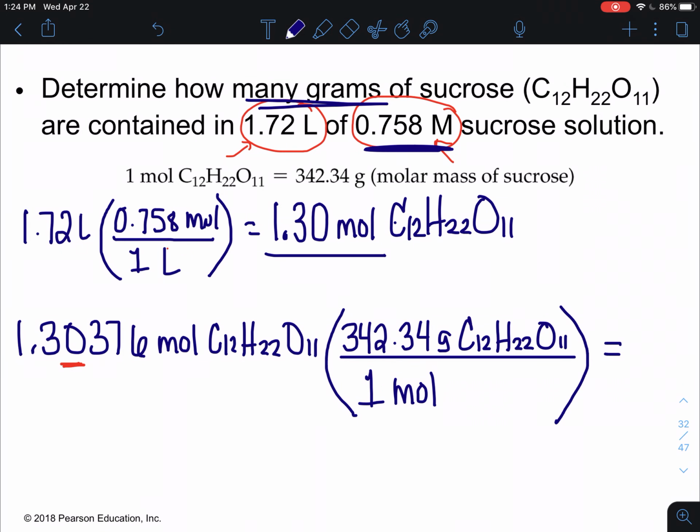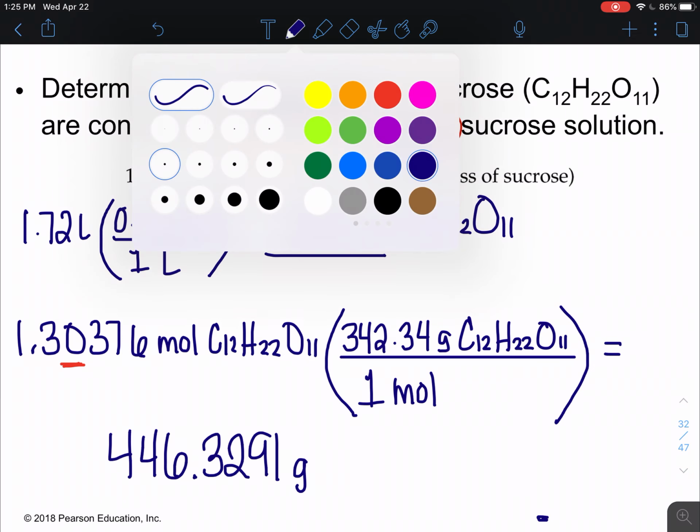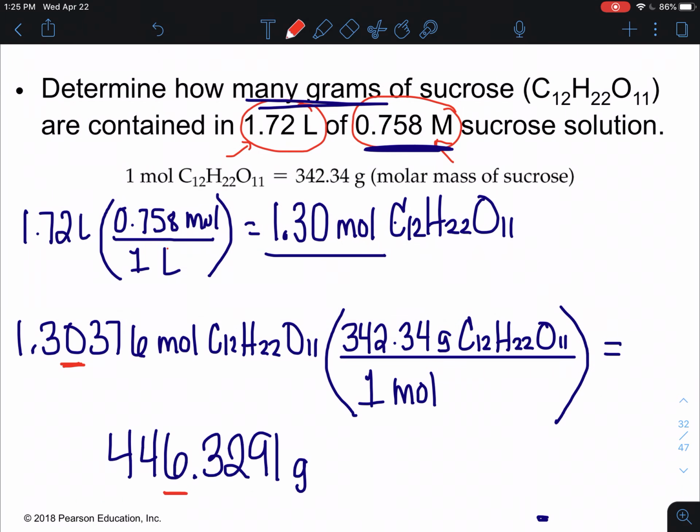That's going to give us 446.3291 grams. And we're working with sig figs here, so we have 3, since we're dropping this, 446 grams sucrose. Final answer.